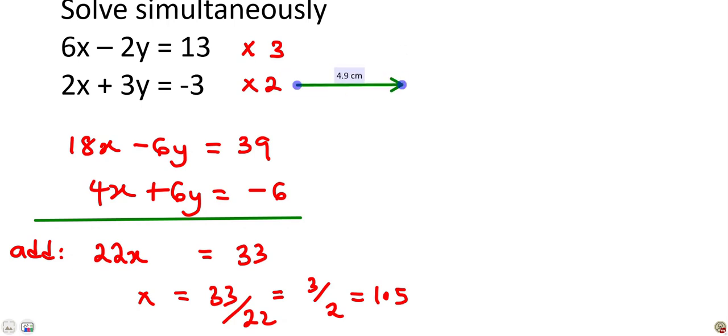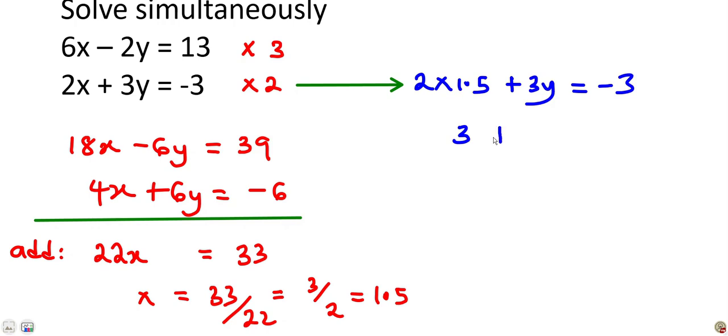So if I substitute that, I have 2x, that is 2 times 1.5, plus 3y is equal to minus 3. And if I multiply 2 and 1.5, I'm going to have 3 plus 3y equals minus 3.